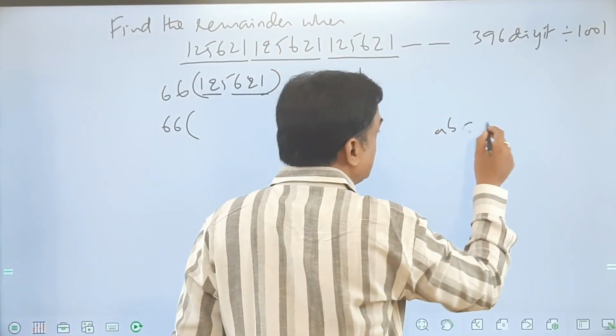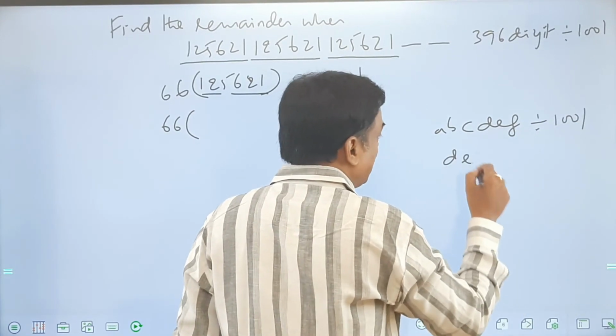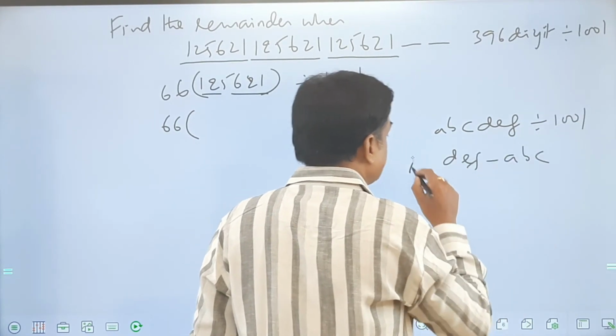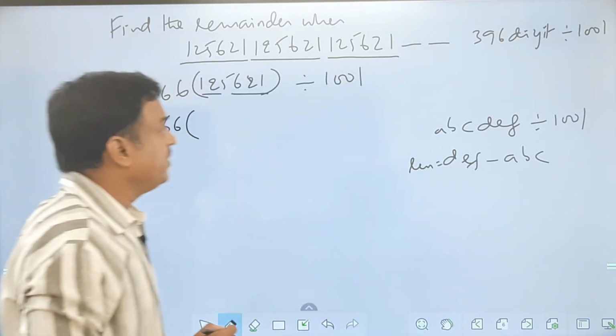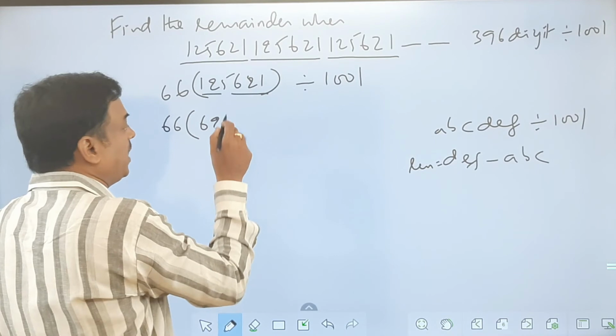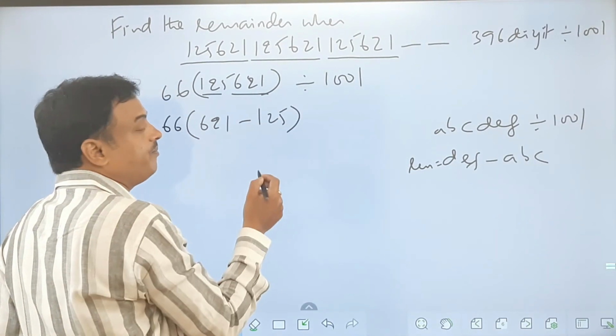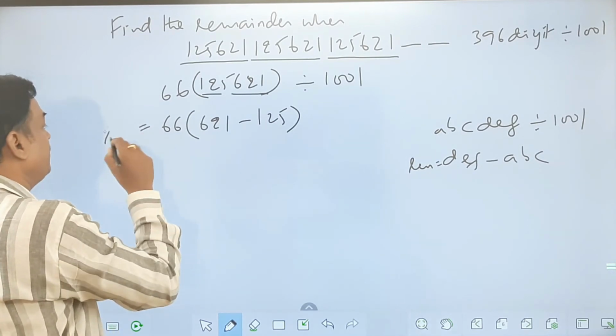Fair enough? So if I divide 66 times here, it is last 3 digits minus first 3 digits, dividing by 1001. I told you very clearly, ABCDEF divided by 1001 gives DEF minus ABC as the remainder. I should not forget this format every time. So last 3 digits 621 minus first 3 digits 125 is the remainder I get the first time.